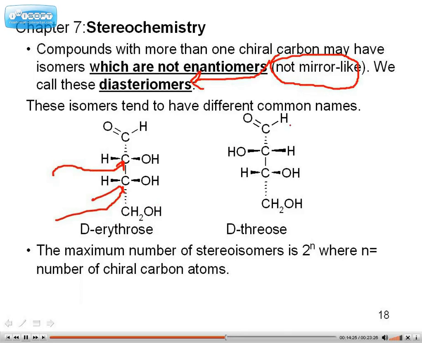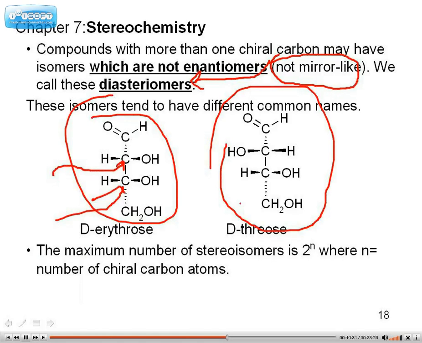For example, here I have two molecules, and you'll notice that even though they have the same connections, they have different orientations, but they are not mirror-like. Notice the alcohols on this far right one are on opposite sides for the center one. So these are examples of diastereomers.